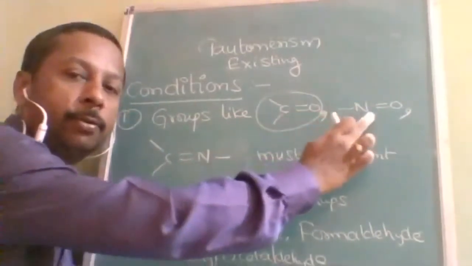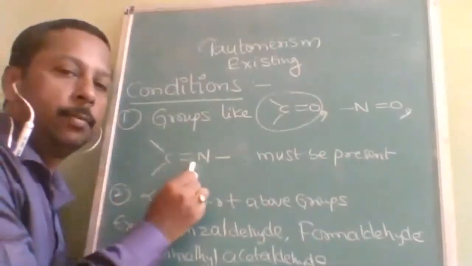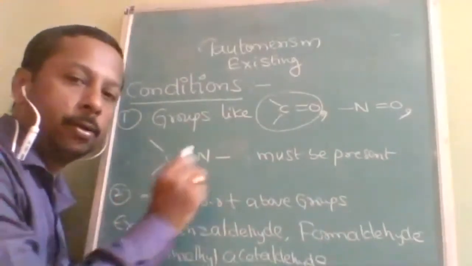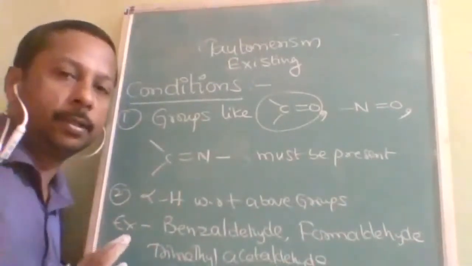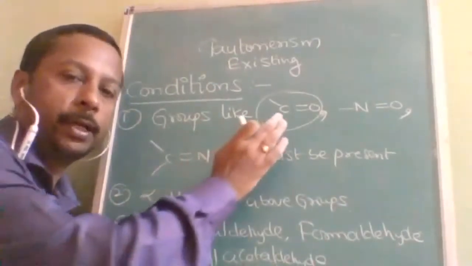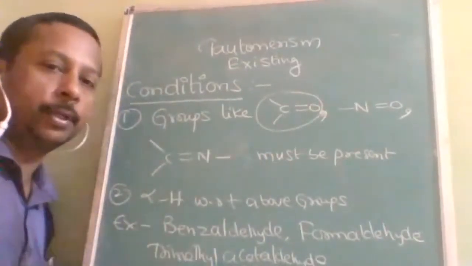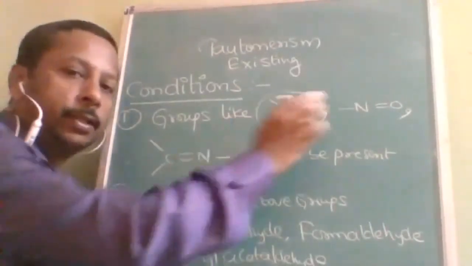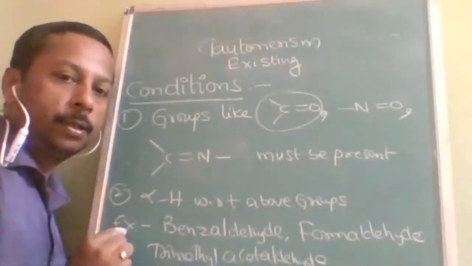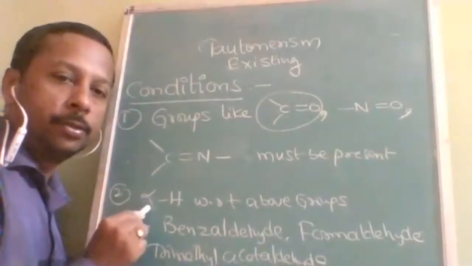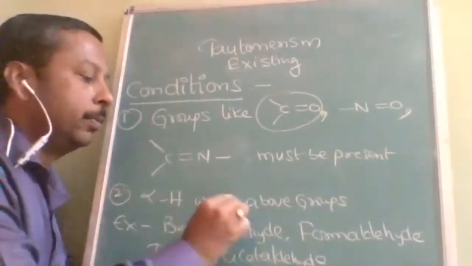The functional groups N double bond O and C double bond N also show it, but there are rarely fewer questions on them. But you should be 100% prepared for this type of isomerism. Any of these three groups must be present in the given compound. The second condition is there should be at least one alpha hydrogen available.